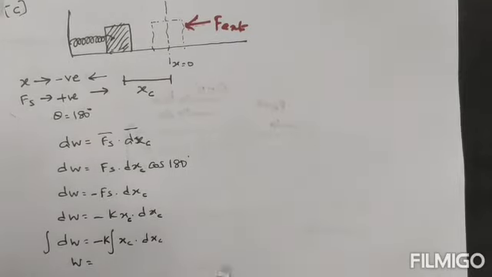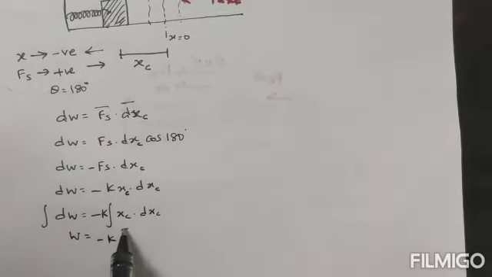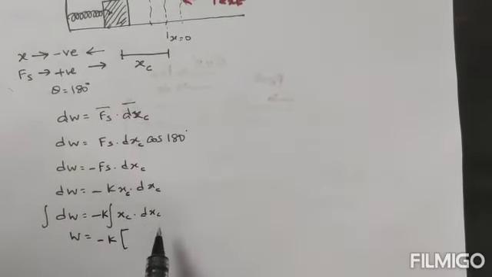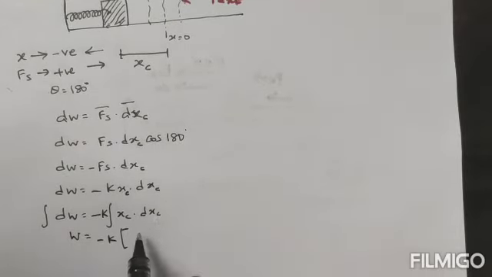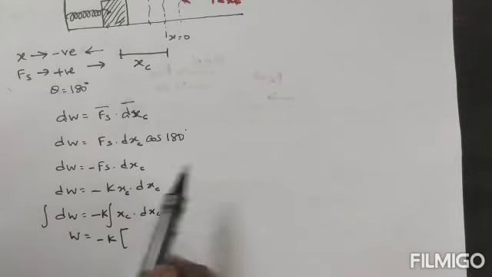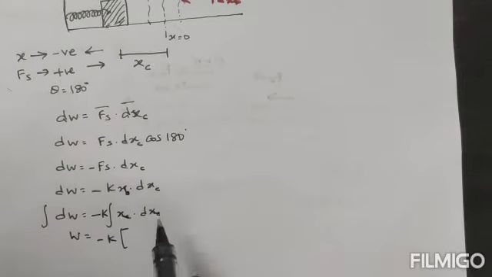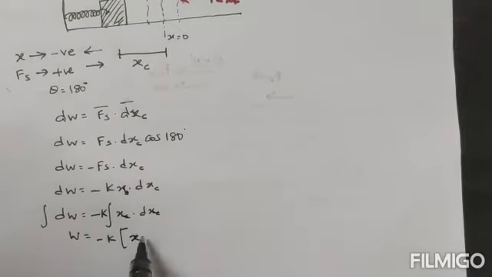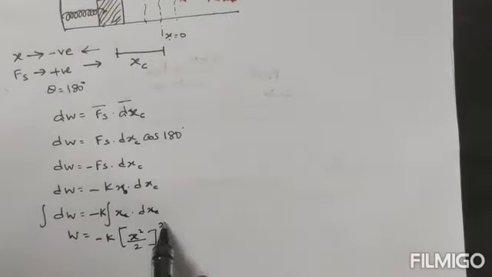So minus k into x squared divided by 2, with the limits from 0 to xc.